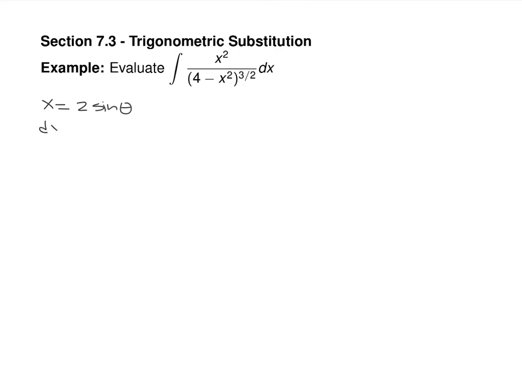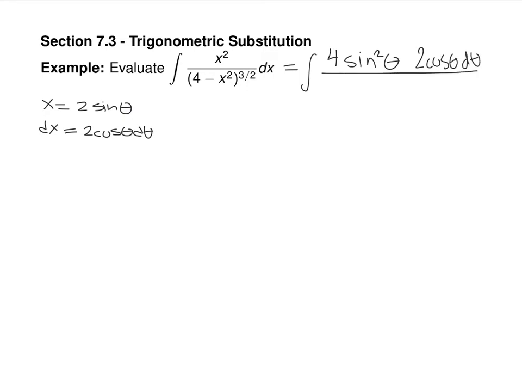And doing so, we get dx is 2 cosine theta d theta. So that becomes the integral of, so x squared is 4 sine squared theta. Dx is 2 cosine theta d theta.